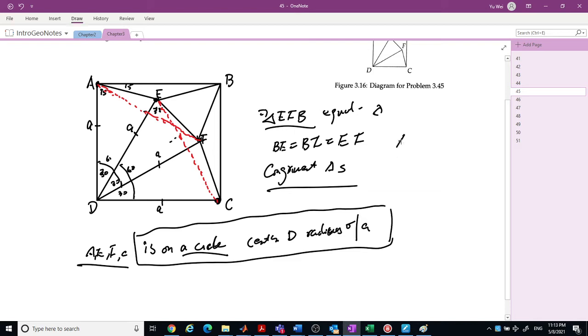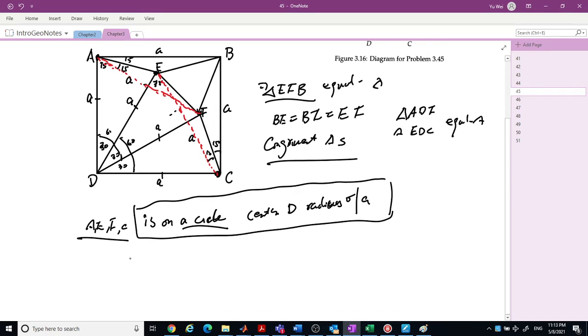So triangle ADF and triangle EDC are equilateral. If they are equilateral, you can see this is the A, this is the A, right? And also you know this angle is 15, because this angle is 60, 75 minus that is 15, this angle is 15, this angle is 15. Once I'm notating all this, now you can see everything.